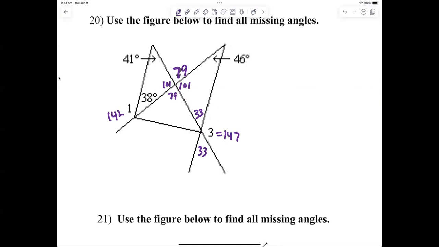And so now, what are we looking for? Is it possible to figure out these other two? No, because you don't know. Can you figure these out?